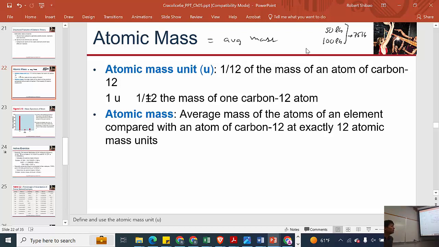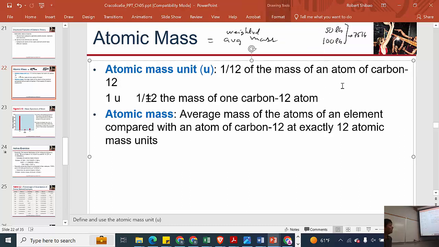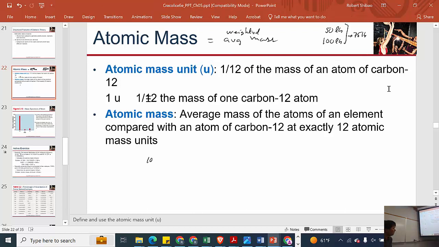But what we're going to do is what's called a weighted average. And so we should call this the weighted average mass. And the difference is, in a weighted average mass, it depends on how many of these you have. Let's say you look at a group, and this group consists of 1,000 people.